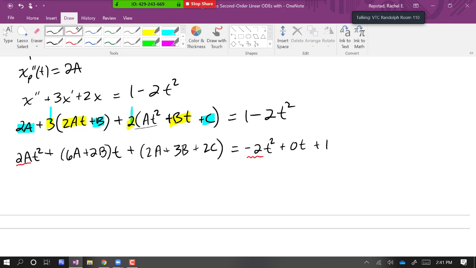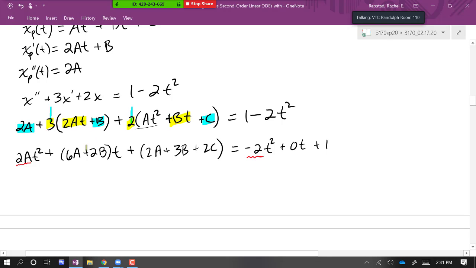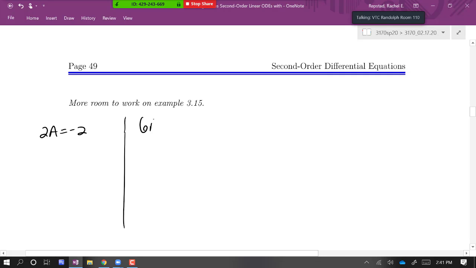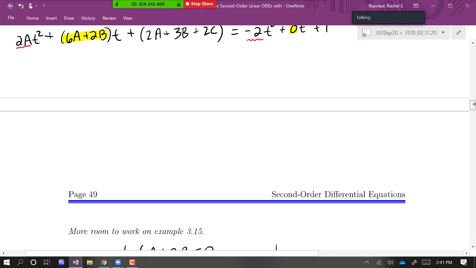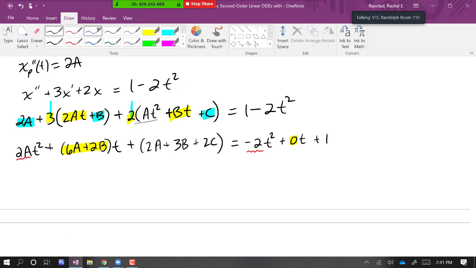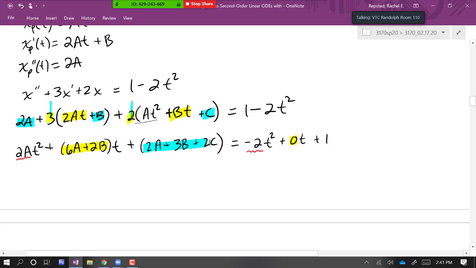The coefficients on t have to be the same, so 6a plus 2b equals 0. And 2a plus 3b plus 2c has to equal 1.